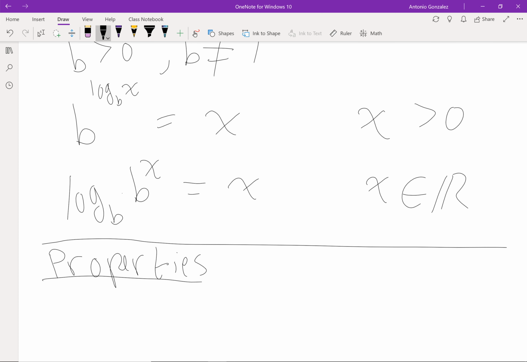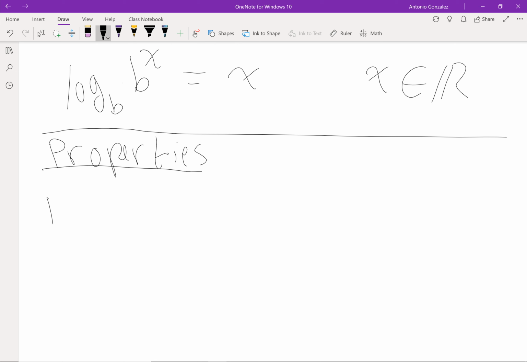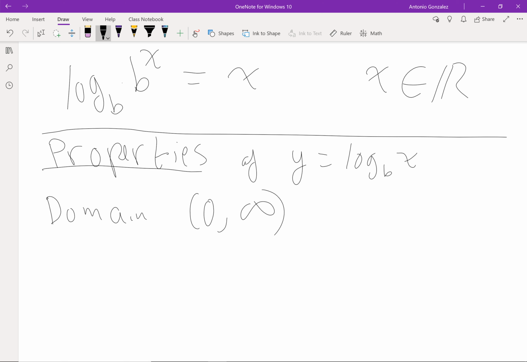So some properties here. The domain of log base b of x, similar to the natural log, is all positive real numbers, and the range is all real numbers.